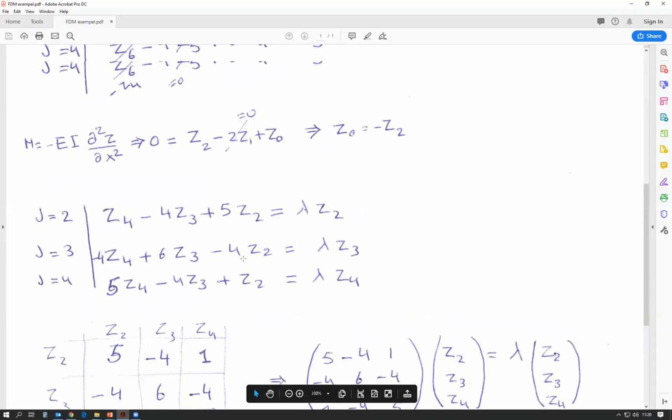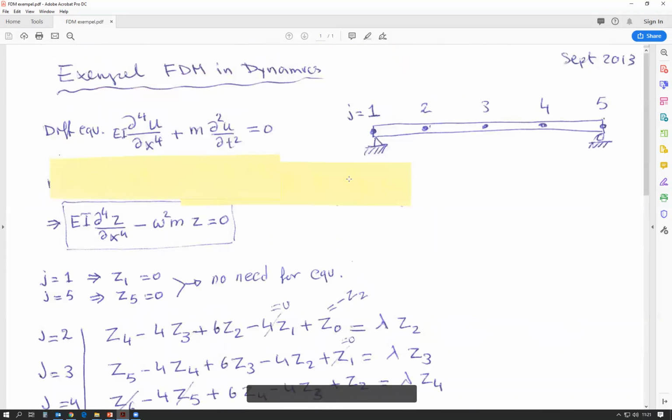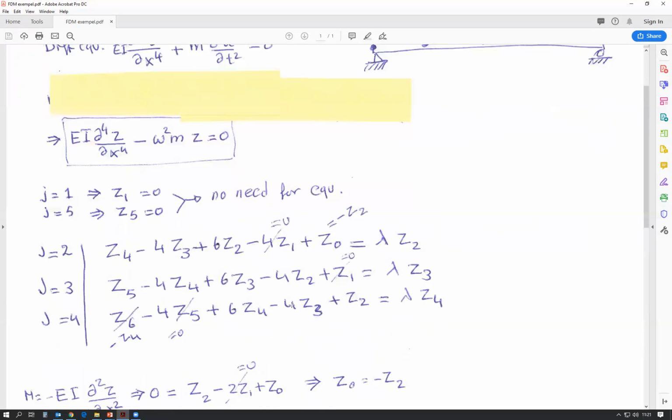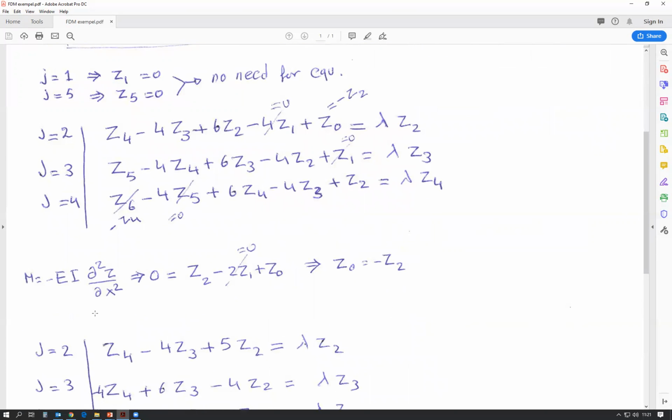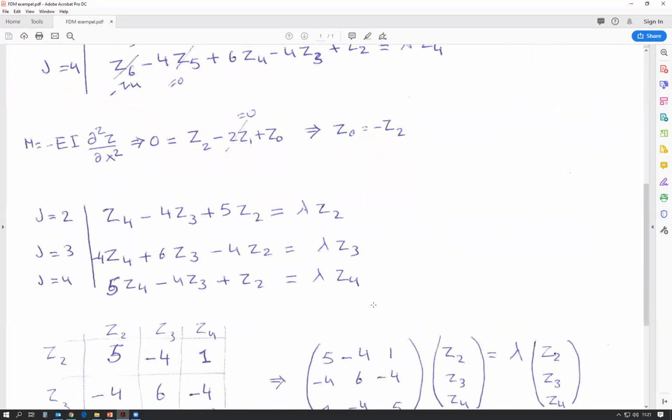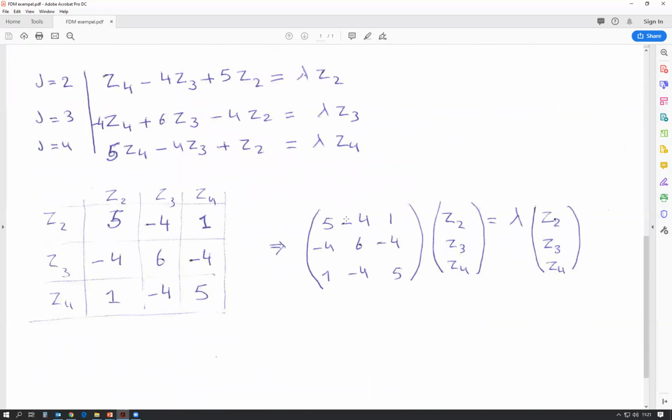Again, if you have a clamped boundary somewhere, instead of considering that the moment is 0, you have to consider that the slope is 0, and you get the relation between the inner and the outer points, and then you will have other numbers at the ends.